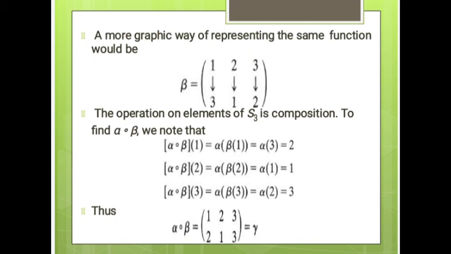To find alpha composition beta, we note that alpha composition beta of 1 is equal to alpha of beta of 1, which is alpha of 3, which is equal to 2.